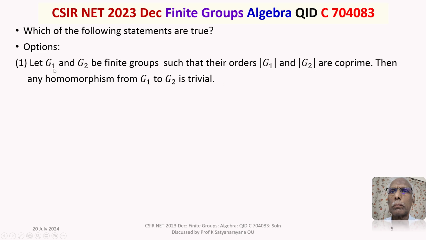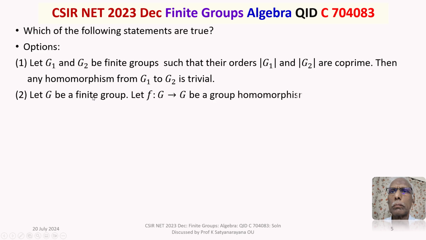We have G1 and G2 are finite groups and their orders are relatively prime. That is, the GCD of these two orders is 1. Then required to prove that any homomorphism from G1 to G2 is a trivial homomorphism.